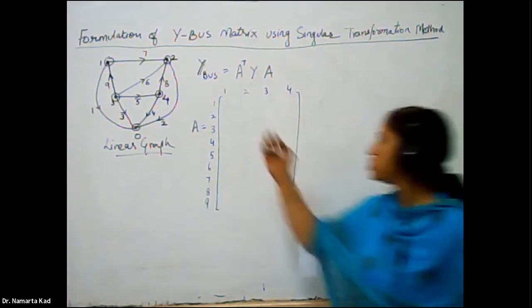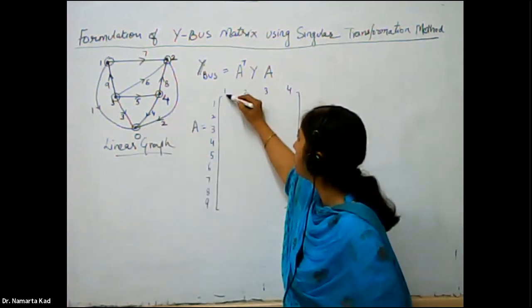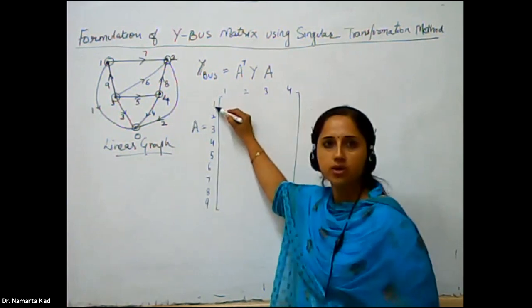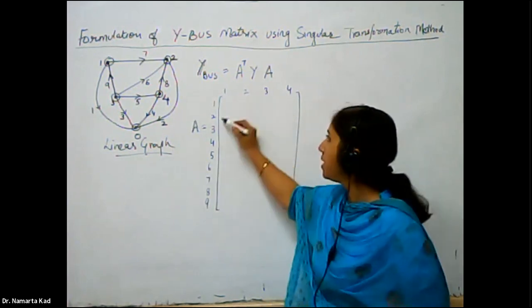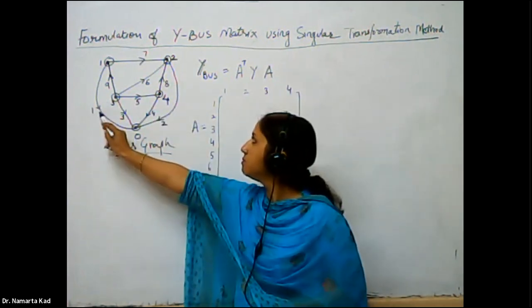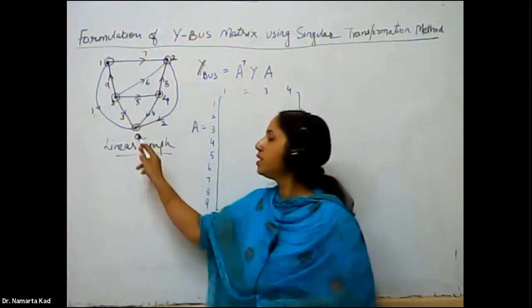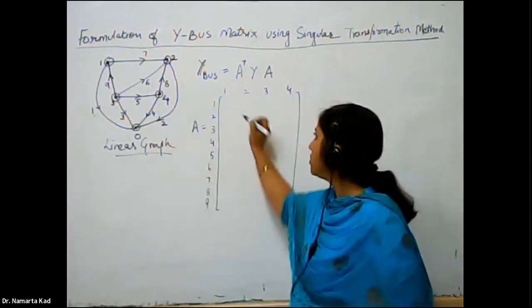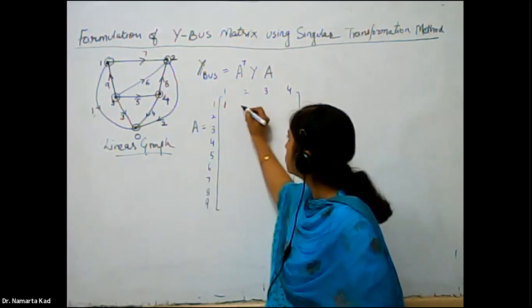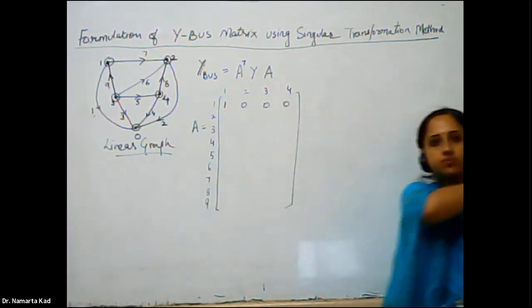Now you have to check from this linear graph how the connections are between bus 1 and element 1, like bus 2 and element 2. As seen from this linear graph, element 1 is connected between node 1 and node 0. So the first entry here is 1 and the rest of the entries are 0.